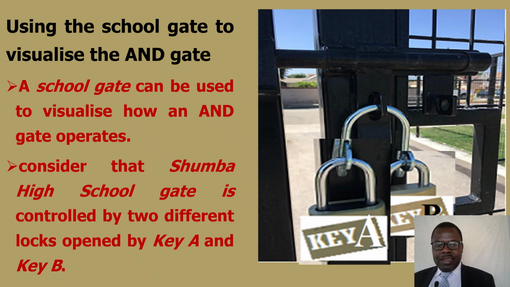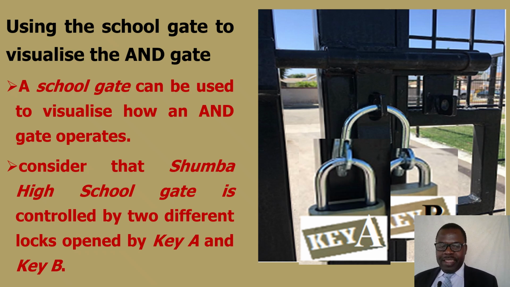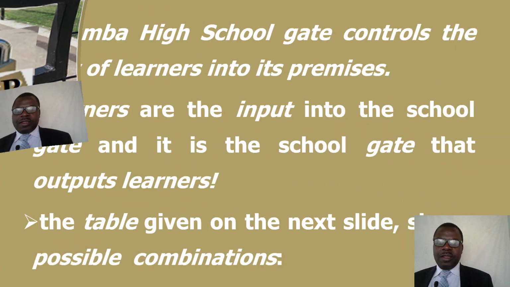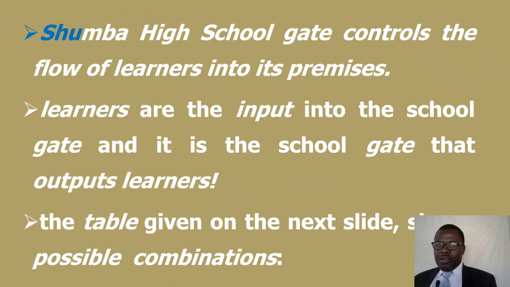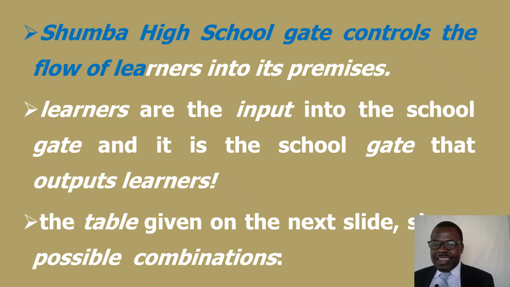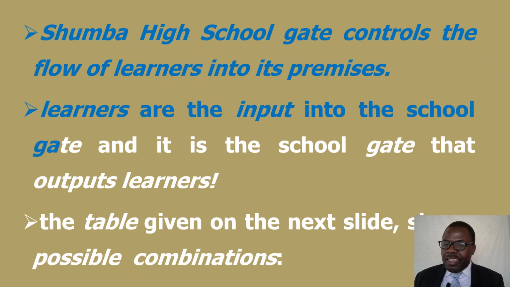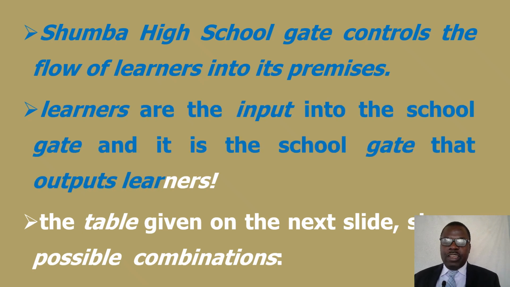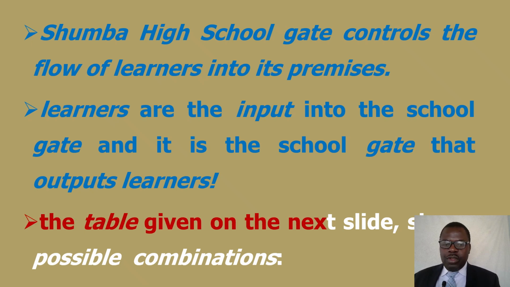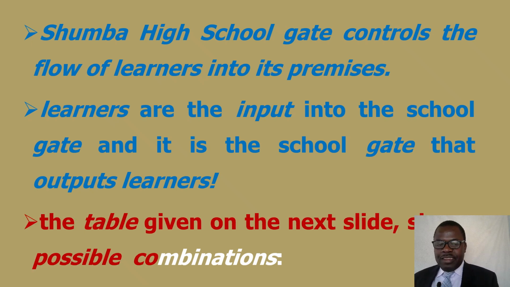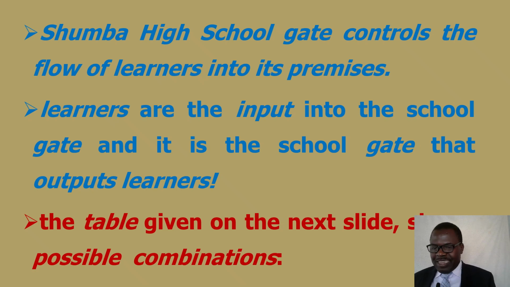Consider that Shumba High School gate is controlled by two different locks, lock A and lock B. The gate controls the flow of learners into its premises. Learners are the input into the school gate, and it is the school gate that outputs learners. The table given on the next slide shows possible combinations.